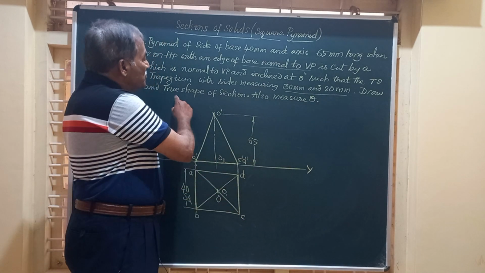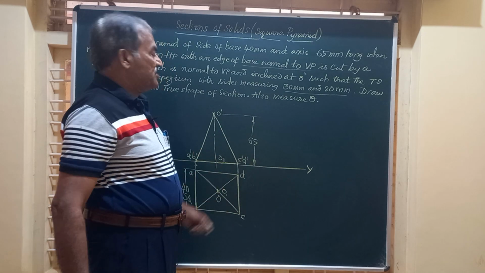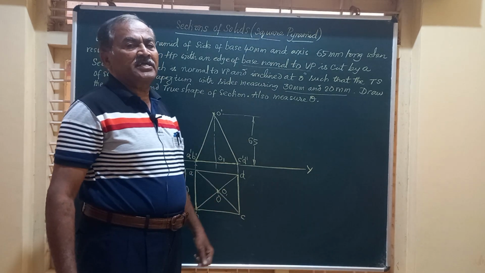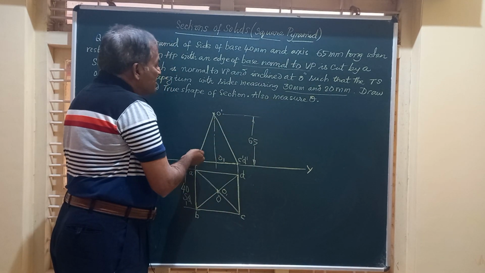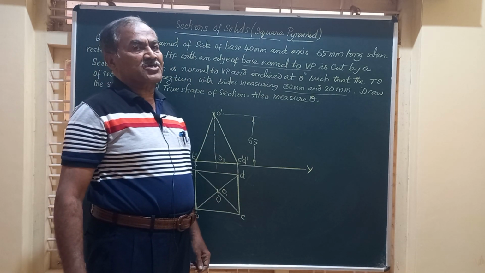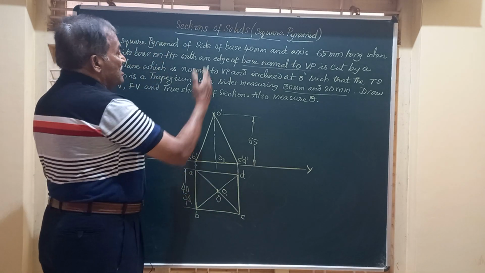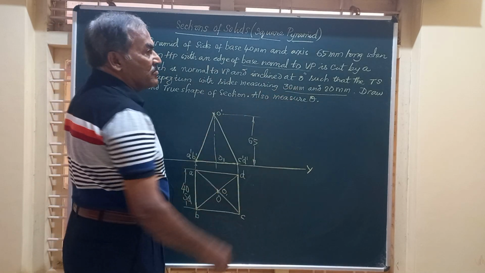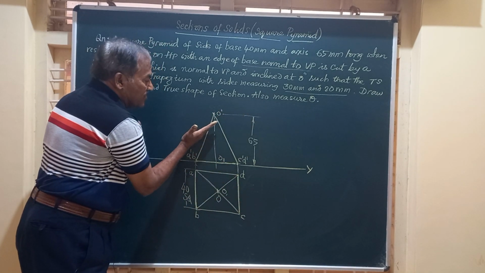Friends, when the true shape of the object is given, you can obtain the section plane and its orientation with HP, and when the orientation is given, you can obtain what is the true shape of the section. Here he says it should have 30 by 20. So suppose the section plane is normal to VP.